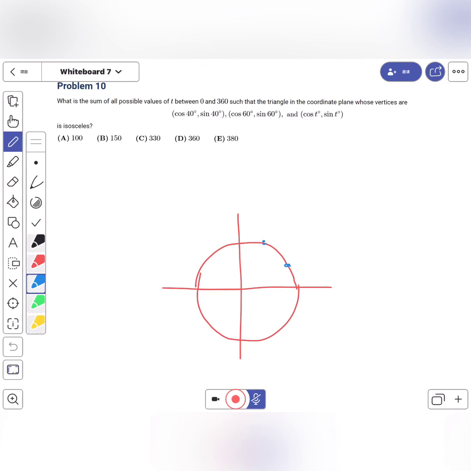So something really important for us to memorize here is that the arc length is equal to R times change in theta.